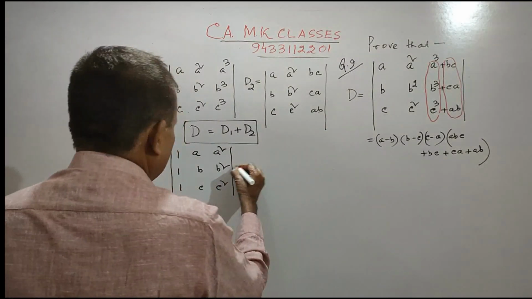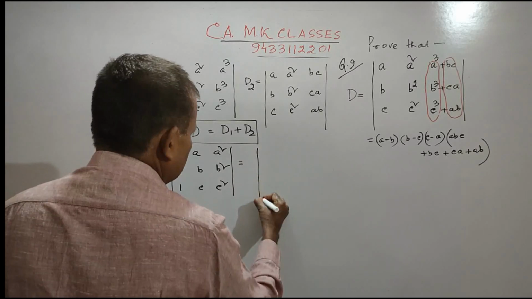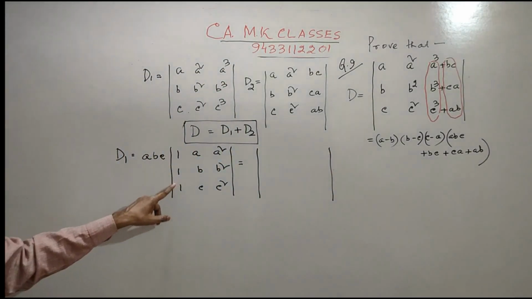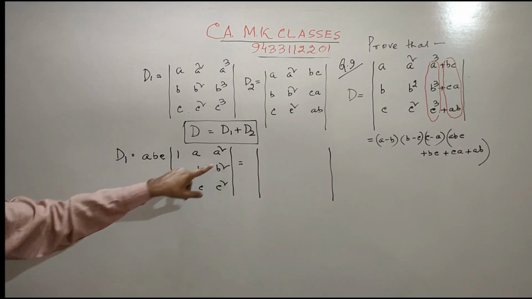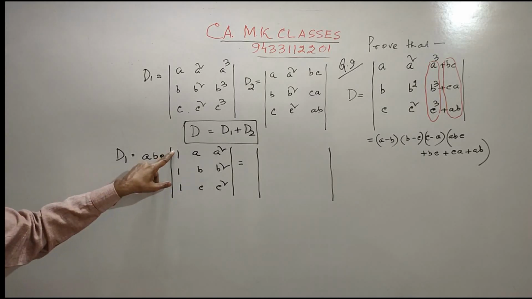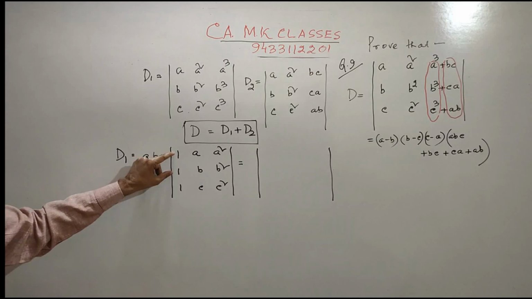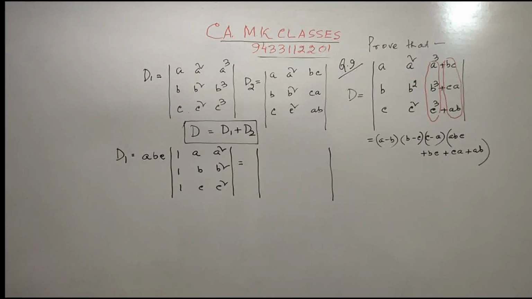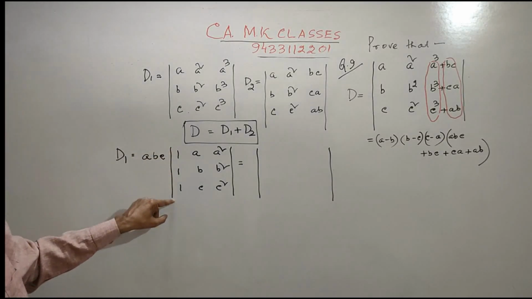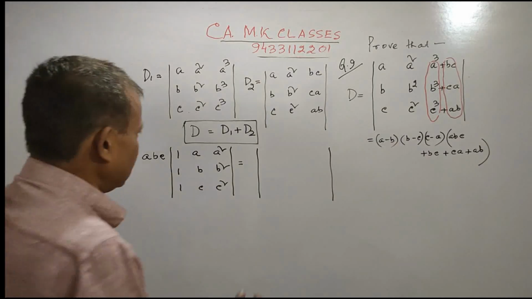Now we can apply another operation, that is 1, 1, 1. This is row 1, this is row 2, this is row 3, and row 1 minus row 2, row 2 minus row 3. So these two will be 0. In this way, if these two will be 0, it will be easy to do the problem. It will become very easy.